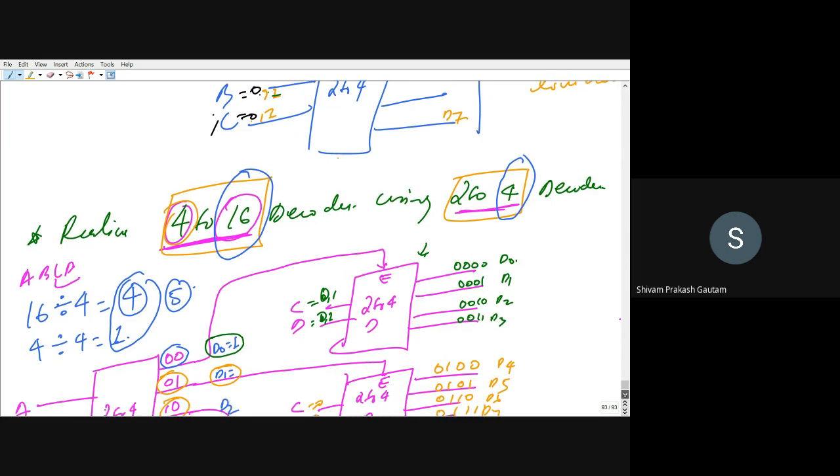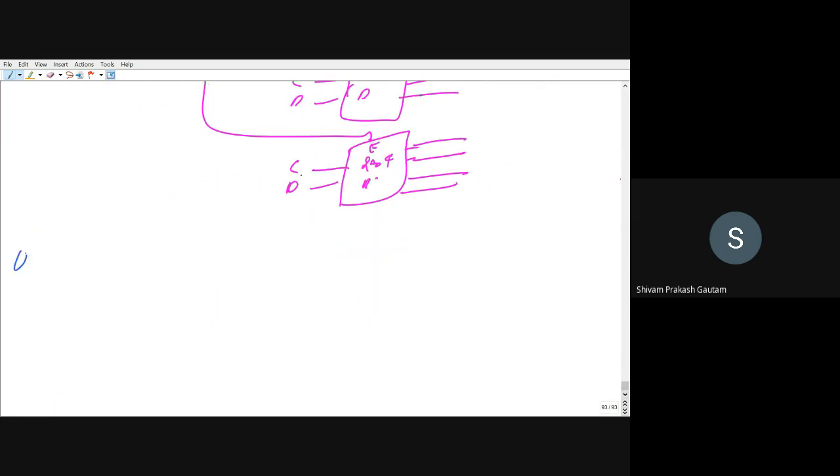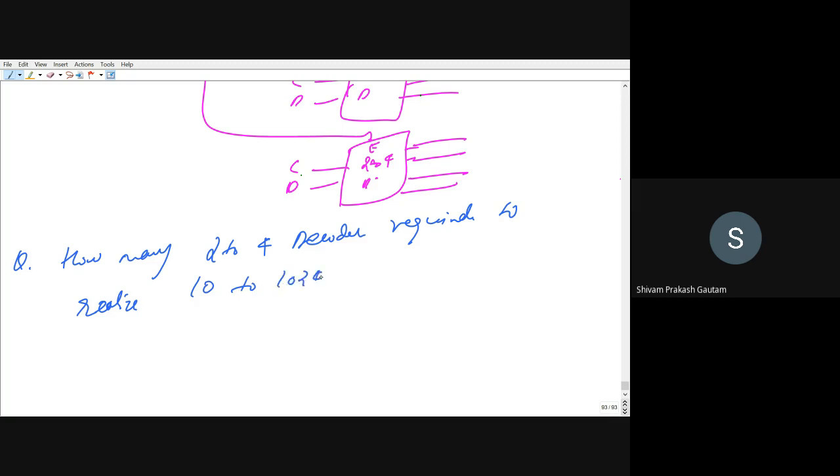Now, for example, if I ask how many 2 to 4 decoders are required to realize a 10 to 1024 decoder.